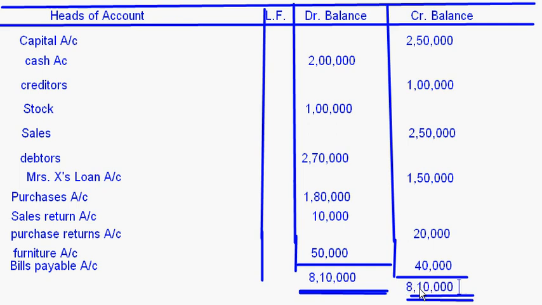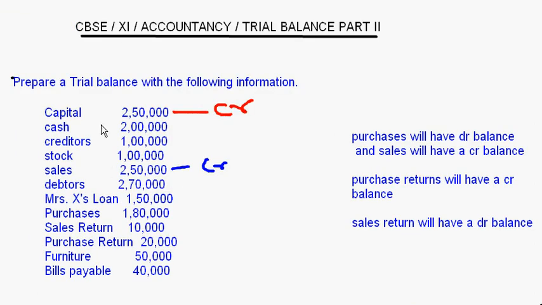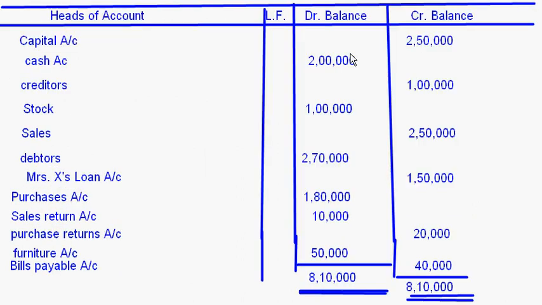So this trial balance is correct, and since the total of the debit balances and the credit balances is tallying, the trial balance has been prepared correctly, right? So this is the way to prepare a trial balance. If the balances of different accounts are given to you like this, in this case, we just need to see which account has a credit balance, which account has a debit balance, and accordingly put it in the trial balance, right?